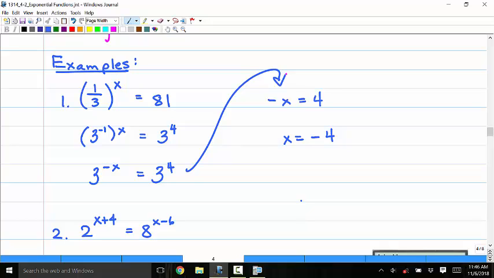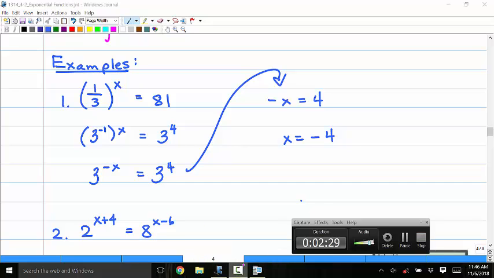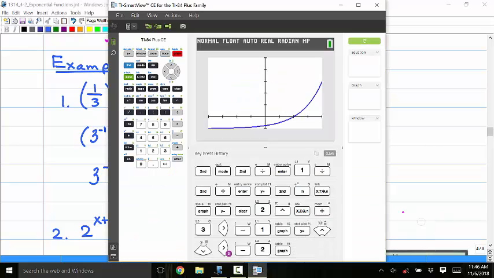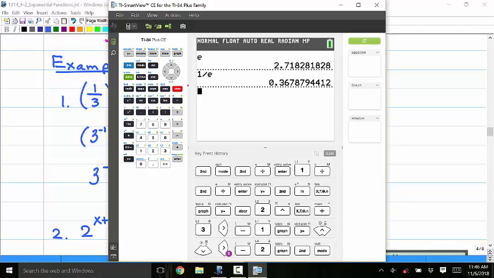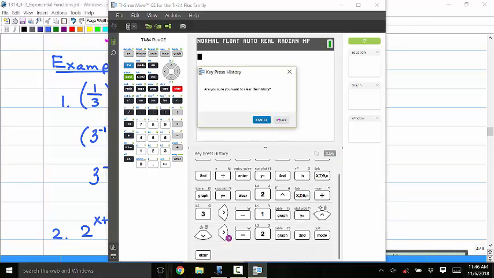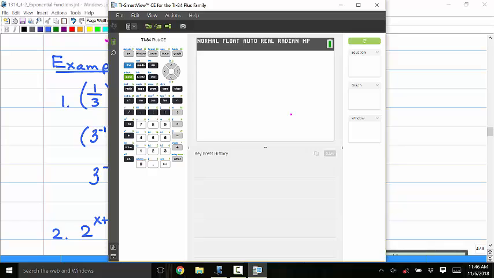Do you know how to check that on your calculator? Okay, go to your calculator. Go to your home screen. I'm going to clear everything out for you so you can see my keystrokes. I'm going to store negative 4 for x.